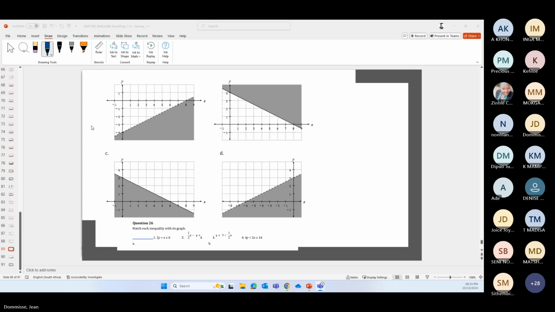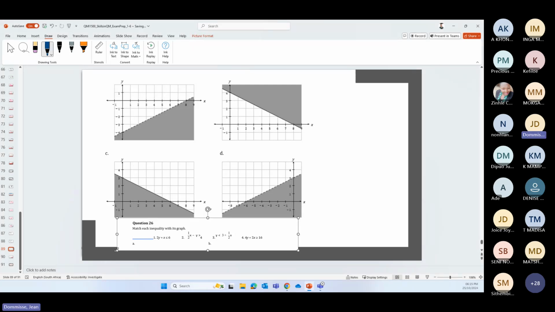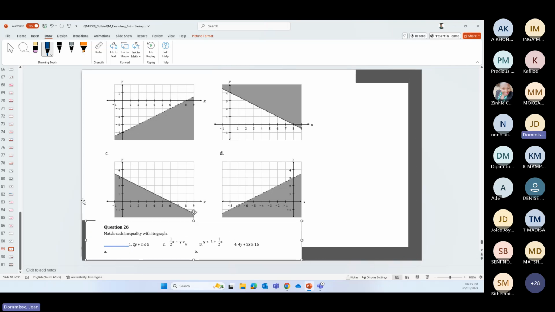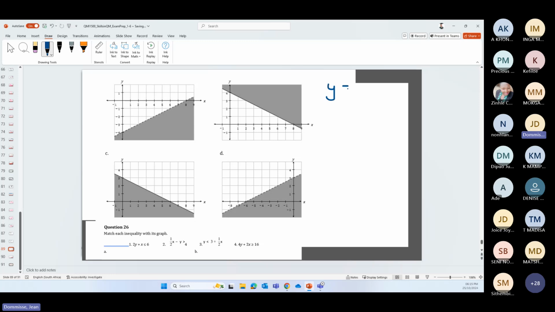Okay, so what I normally do is I just first check which one is set in the correct way already. So by that I mean, if I look at a straight line, I normally look at it as y is equal to mx plus c, or we can put the inequality in there. It doesn't matter. But I want to see which ones is y is equal to.